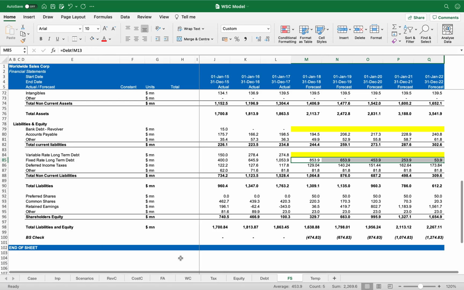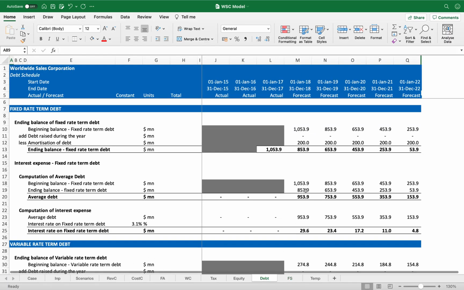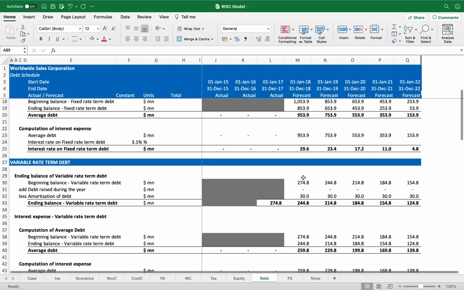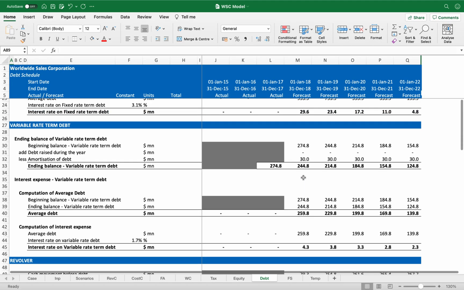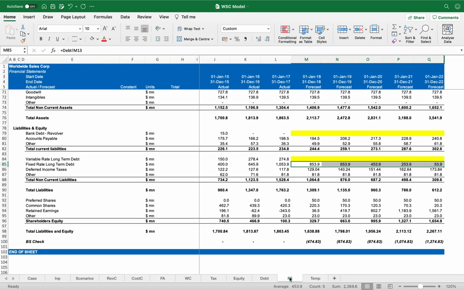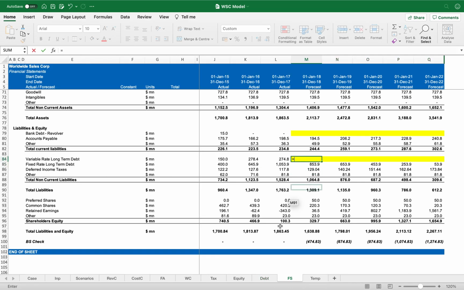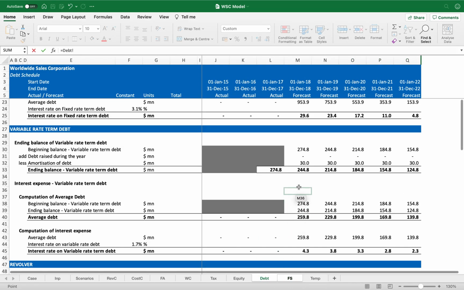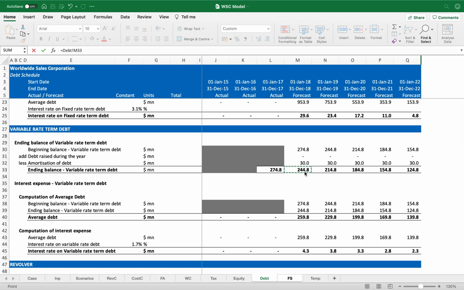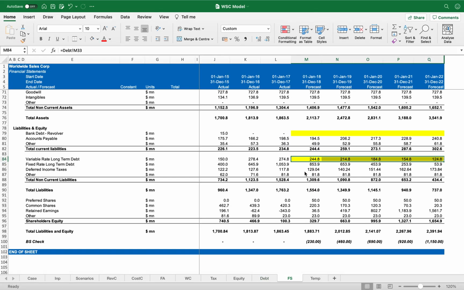Okay, let's come back to the debt. Now, the ending balance of variable rate term debt. Let's link the ending balance of variable rate term debt now. Again, removing my next highlighted row.